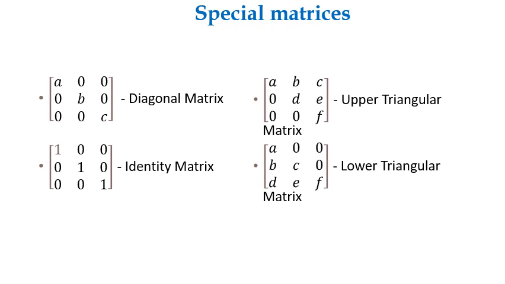These are some of the special matrices we study. A diagonal matrix has elements in the diagonal positions, and in the non-diagonal positions the elements are 0. In the case of an identity matrix, the diagonal values are 1, whereas in the other positions the value is 0. An upper triangular matrix has values on and above the diagonal and 0 below, whereas the inverse one is the lower triangular matrix.